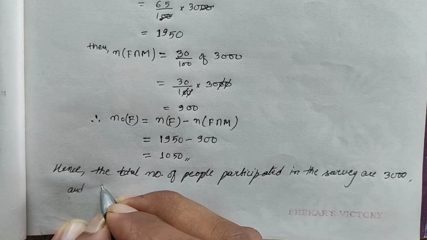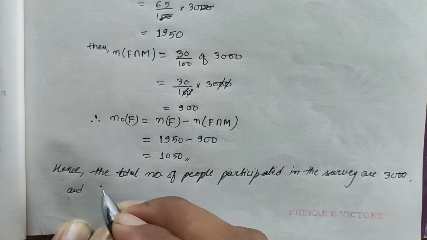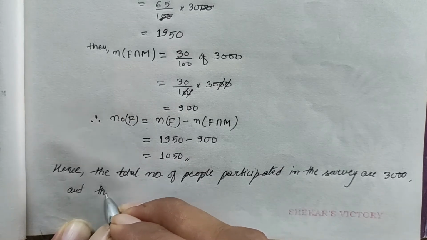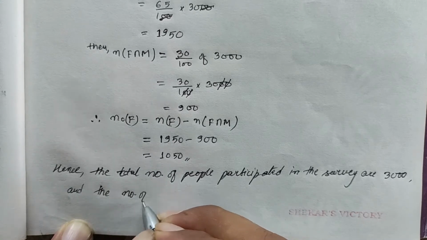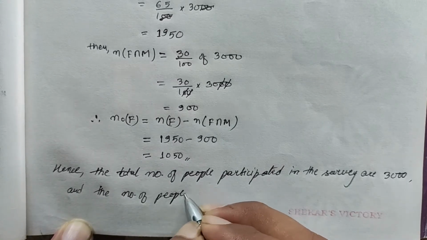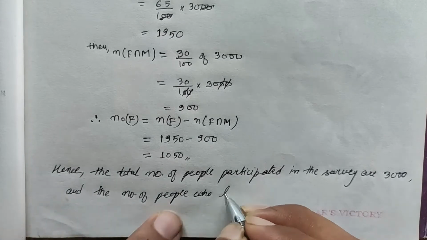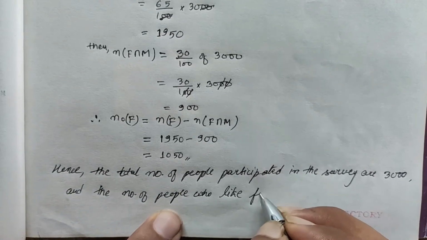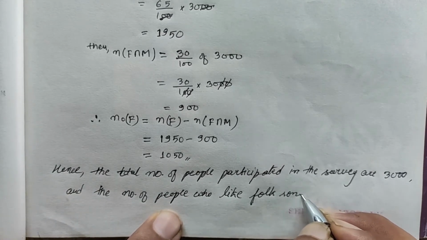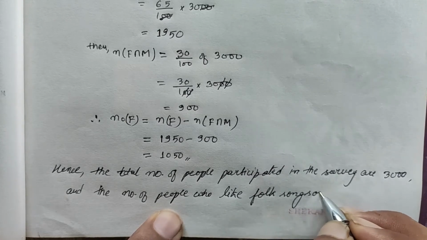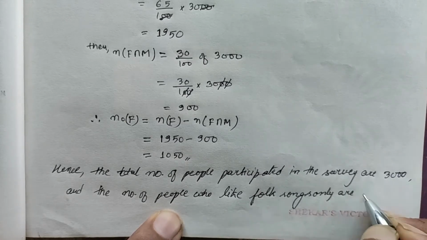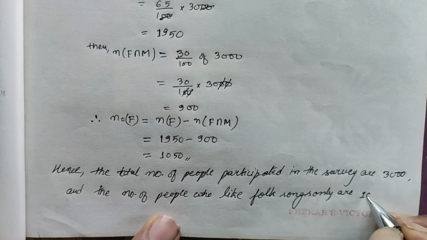The second case is those who like folk songs only. The number of people who like folk songs only is 1050.